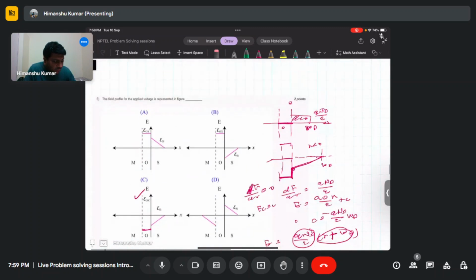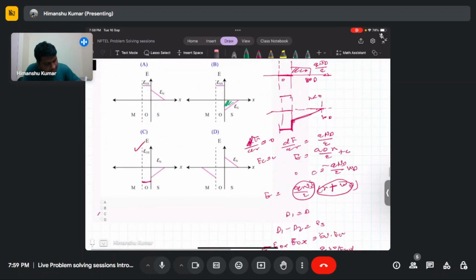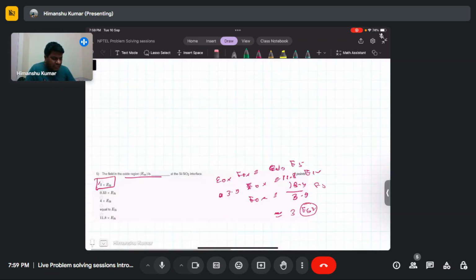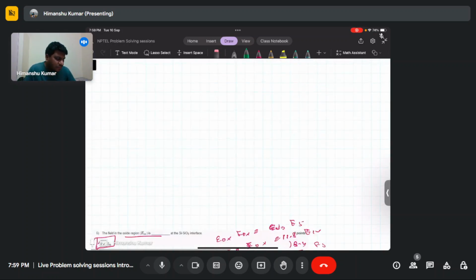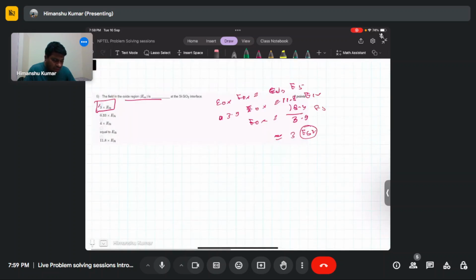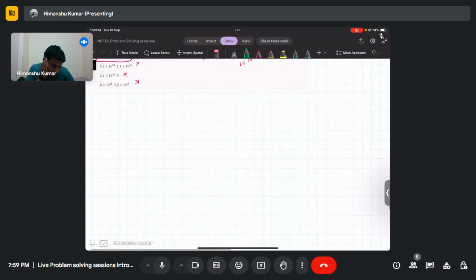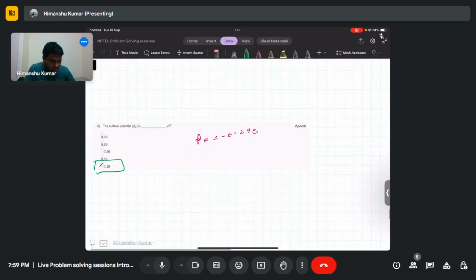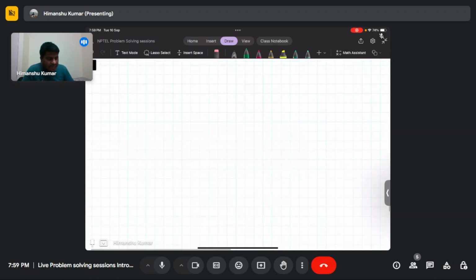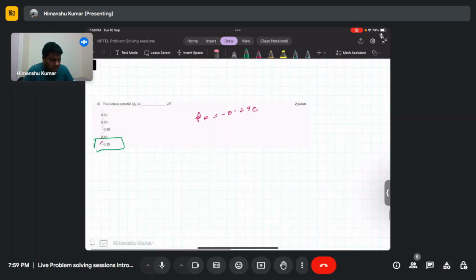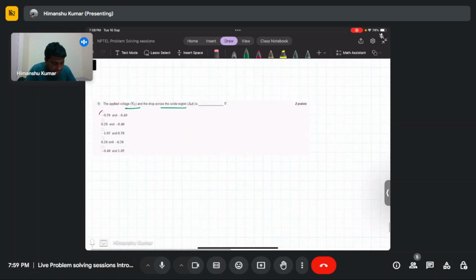By calculating the area of this you can calculate the surface potential. The surface potential plus the drop across the gate oxide will be equal to the applied gate voltage. The band bending is basically the surface potential at inversion.